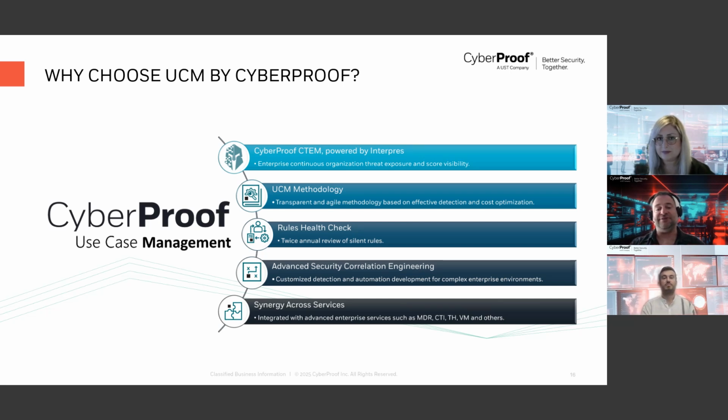And then we deliver advanced security correlation engineering, where our experts design custom detections and automation workflows specifically tailored to the complexity of your enterprise environment, whether you're running hybrid infrastructures, multiple SIEMs, or advanced cloud platforms, or everything is on-prem, we have you covered.